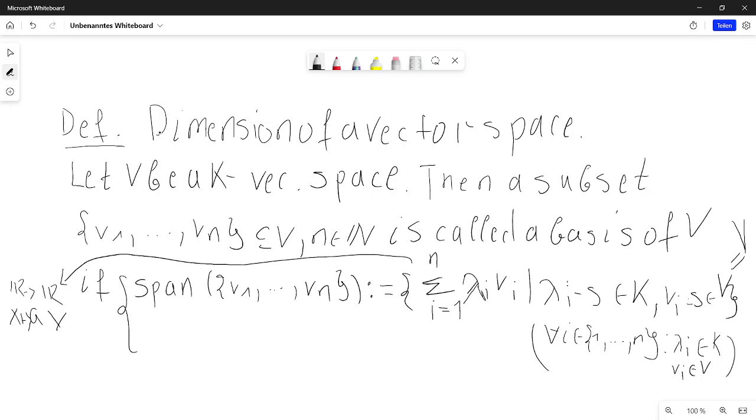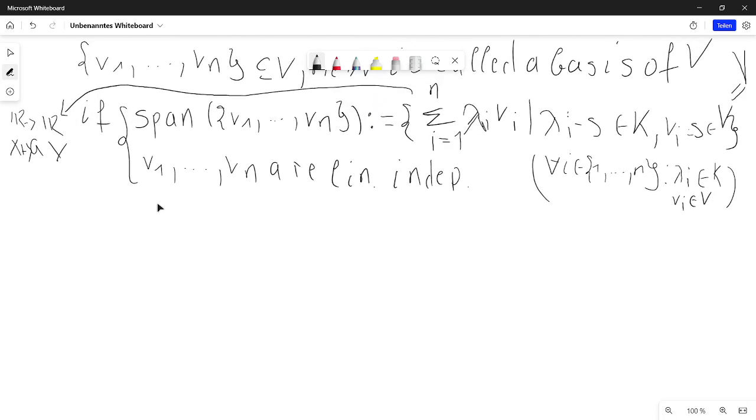So, and another property: e_1 to e_n are linearly independent. Well, of course, you have to clarify what linearly independent means. And here for that, we have another definition.